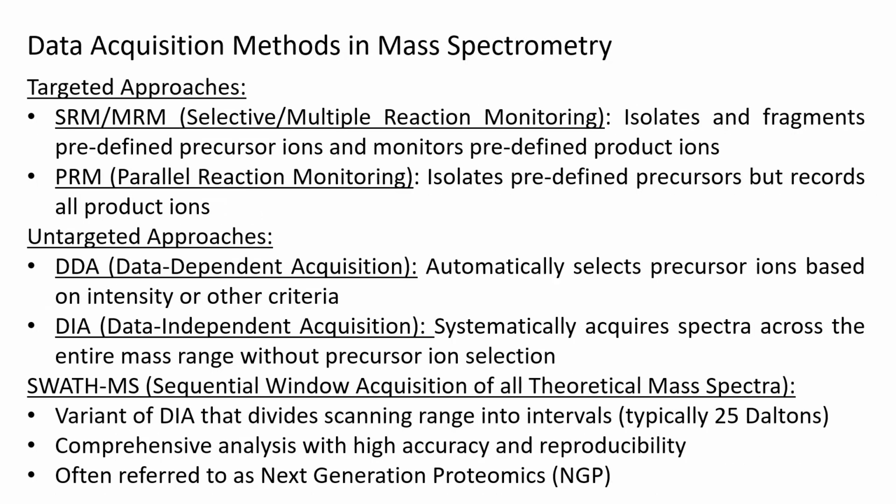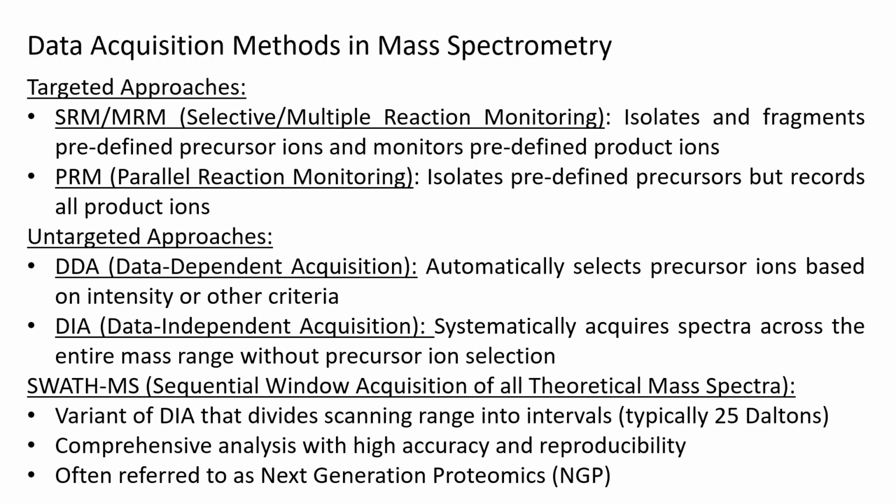Coming to data acquisition methods in mass spectrometry, this has been divided into three parts. First part is the targeted approach, in which you have selected or multiple reaction monitoring, which essentially isolates and fragments predefined precursor ions and monitors predefined product ions.